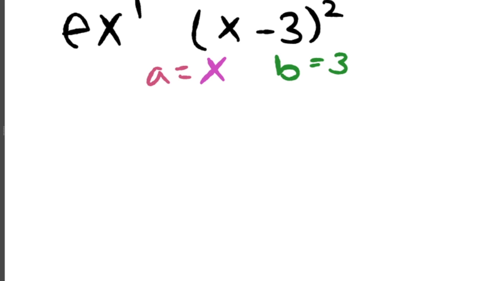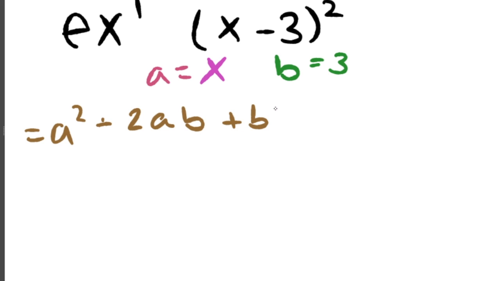Like we said earlier, the square of a difference will always equal a squared minus 2ab plus b squared. We just identified our a and our b, so what we're going to have to do is plug it into the formula that we have right here.